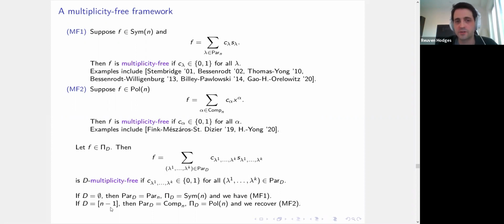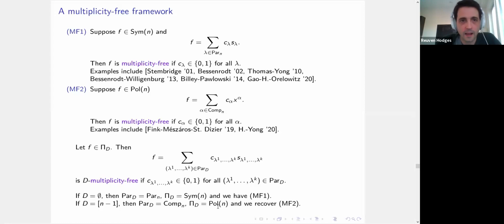When d is equal to the bracket n minus 1, then Par d is just compositions, and pi d is just polynomials. So asking if something is d-multiplicity free then is just asking, is it monomial multiplicity free? But now you can interpolate between these two multiplicity paradigms: one when it's symmetric, the other when it's just a polynomial. You can ask all these questions in between for various values of d.